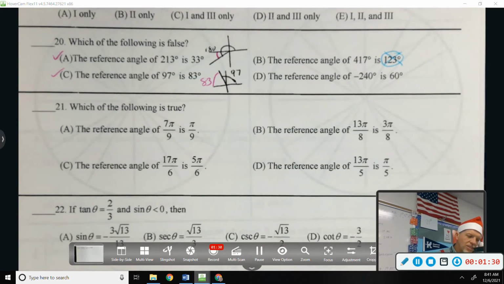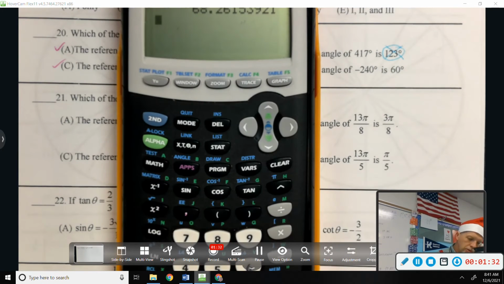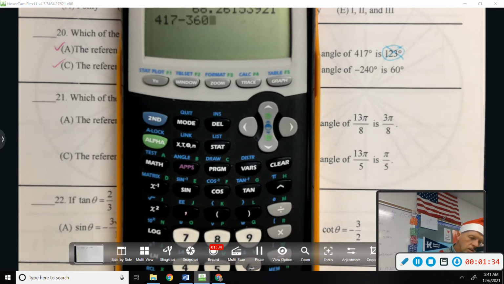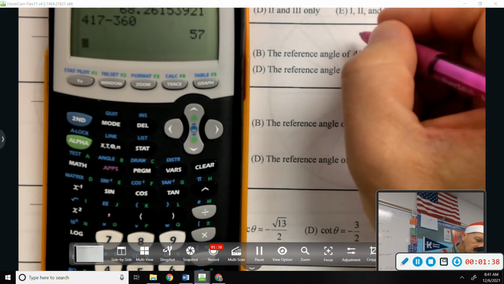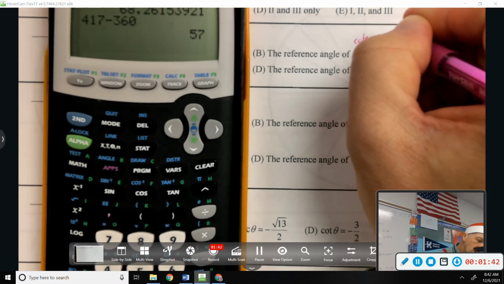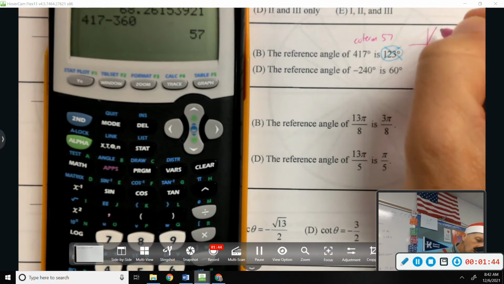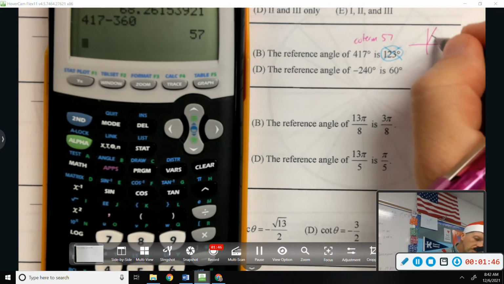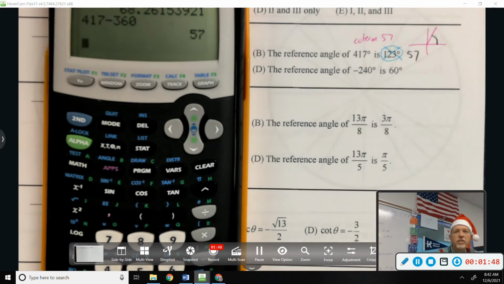But 417, I wouldn't want to mess with that anyway. I would do coterminal and get 57. And so the coterminal angle of 57, the reference angle for 57 would be 57.